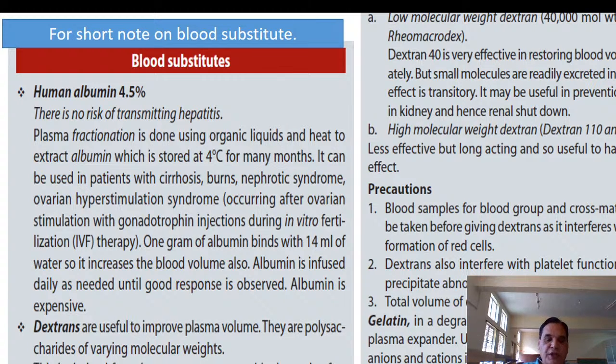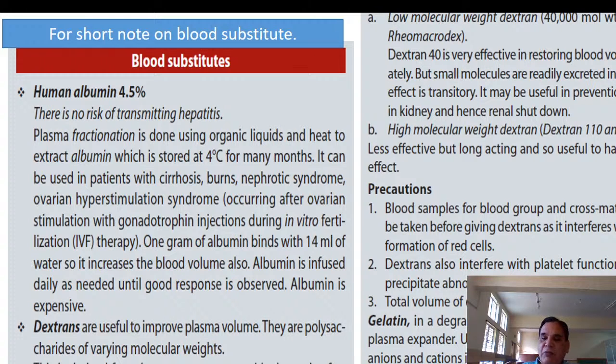Next is dextrans, in the category of colloid blood substitute. They are polysaccharides of varying molecular weights derived from Leuconostoc mesenteroides bacteria. Here 1 ml binds with 20 ml of water. Dextrans are of two types. In OT you will come to know Dextran 40, Dextran 70. Dextran 40 is effective for restoring blood volume immediately.